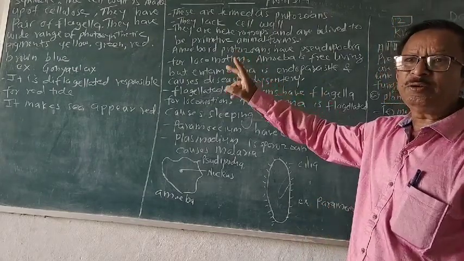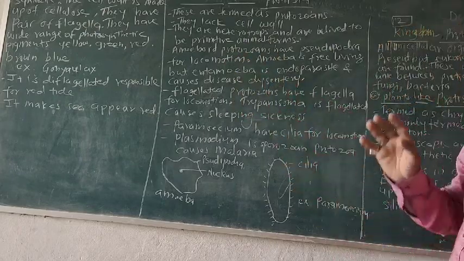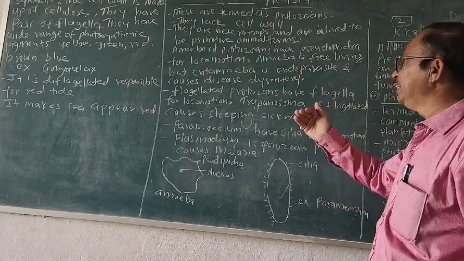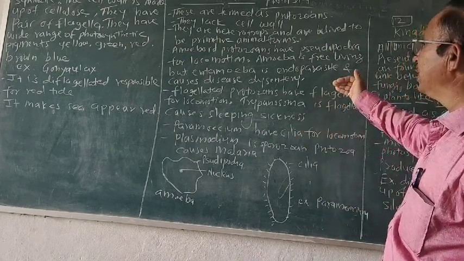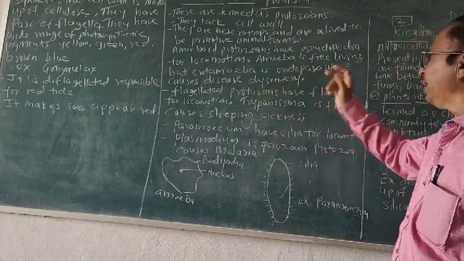See here we get the variation. One is free living, that is the amoeba, and another is present inside the intestine, causing the disease called dysentery, that is Entamoeba histolytica.